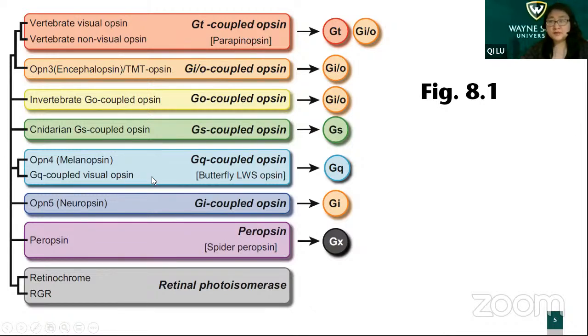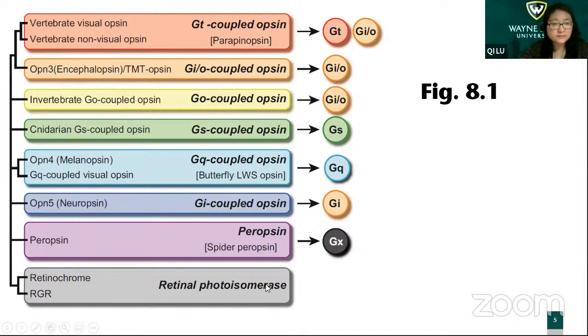We know that melanopsin is GQ coupled, with a very long time course, and the butterfly long wavelength sensitive opsin is also GQ coupled, and also neuropsin. Today we're also going to talk about peropsin, a spider peropsin. It's very unique because it's functional in the dark, but it's inactivated by light. And RGR is a retinal photoisomerase.